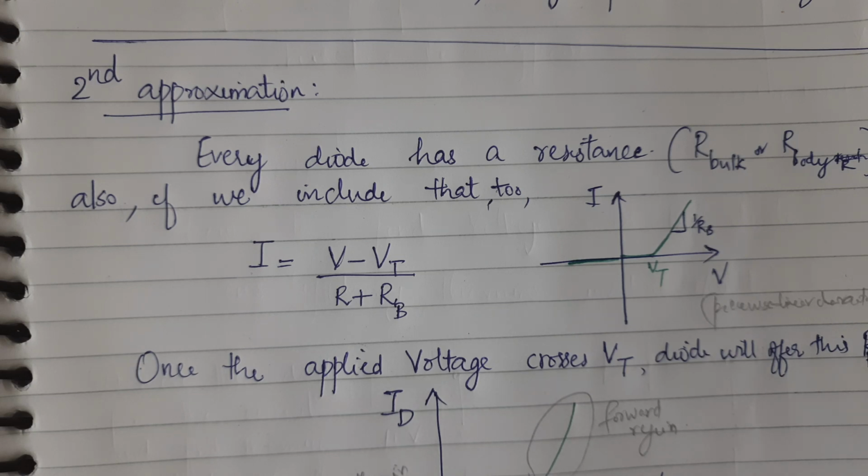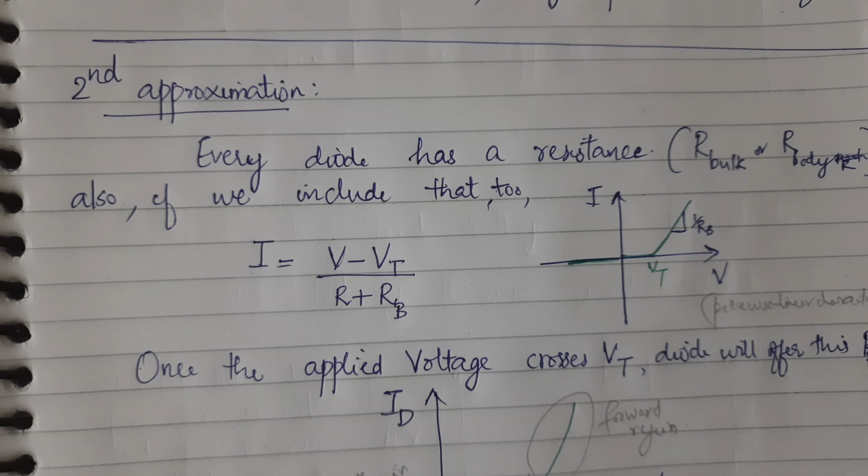Once we are increasing the voltage, and as the voltage crosses the threshold voltage, then the current will flow. This is what we told earlier. Once the voltage we apply crosses Vt, the diode will also start offering some resistance. So the second approximation means we should take this extra resistance into account, which is put forward by the diode.